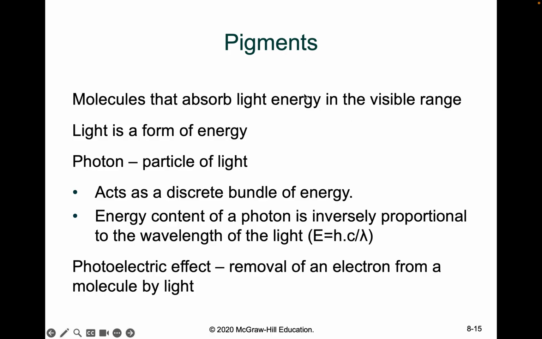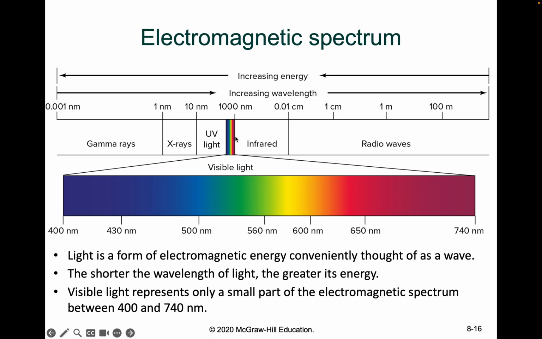So let's go back to pigments. Pigments are literally molecules that are able to absorb light energy in the visible range, meaning they can absorb any photon that has a wavelength from 400 nanometers to 740 nanometers. That's what pigments are. So when you put a plant in the sun, it receives a lot of photons from all of these different wavelengths.